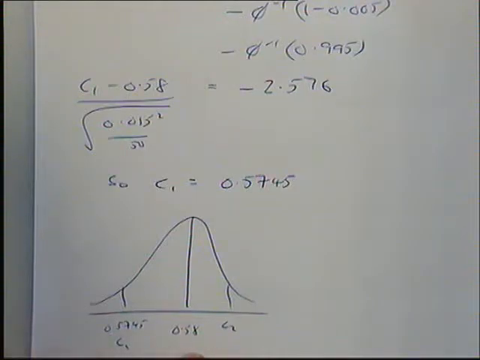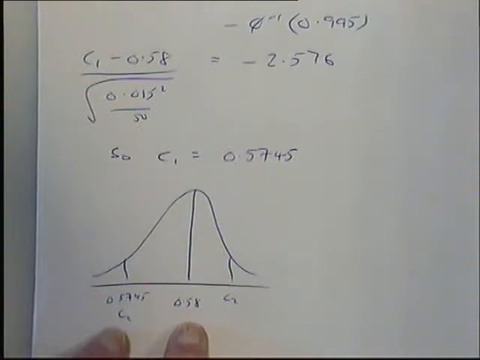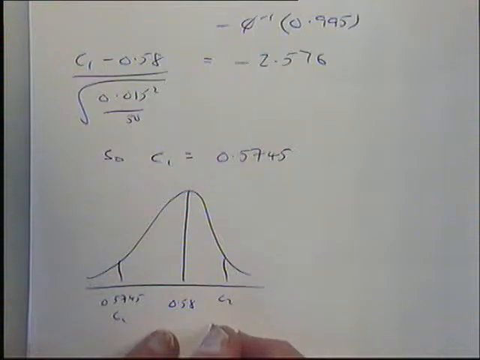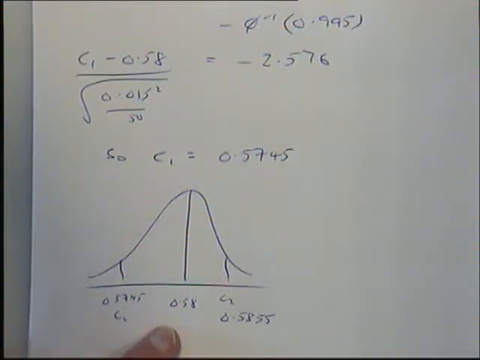What is the distance between here and here? 0.58 minus 0.574. And the answer to that? You don't need a calculator for that. It makes it so much easier. 0.0055. Yeah, so if we add 0.0055 onto that one, that must be C2 by symmetry.